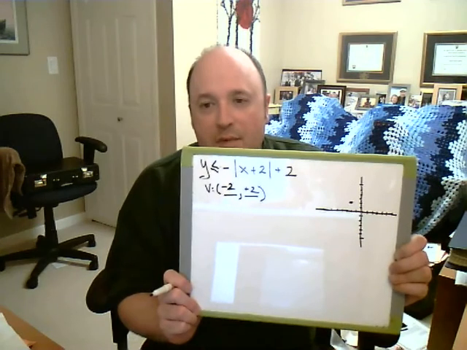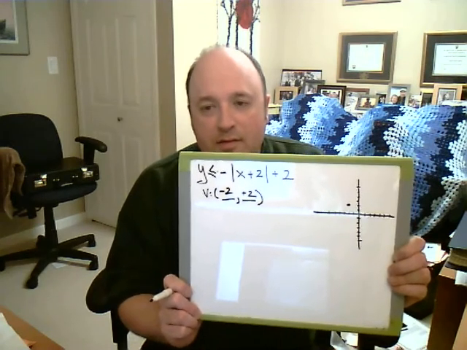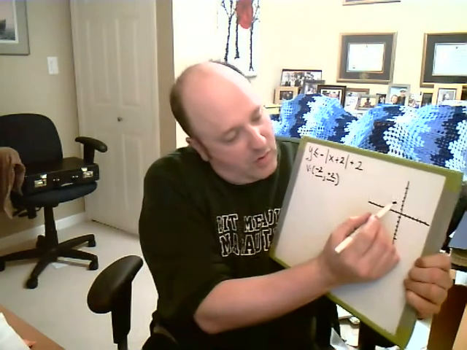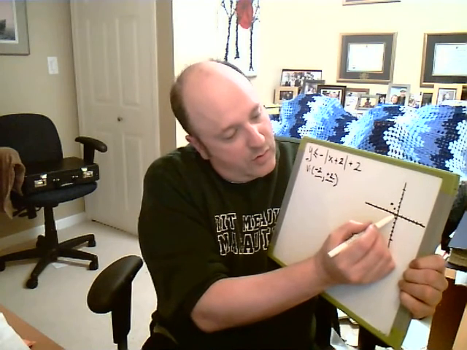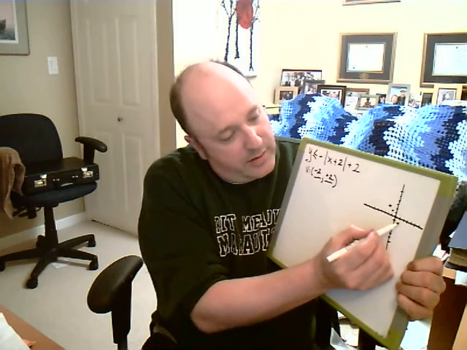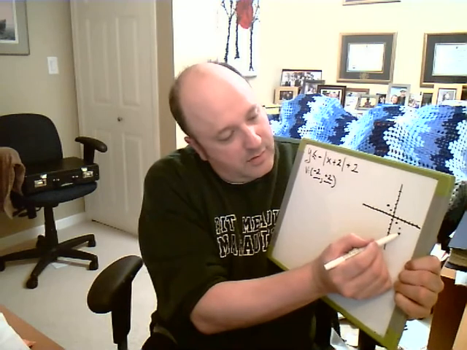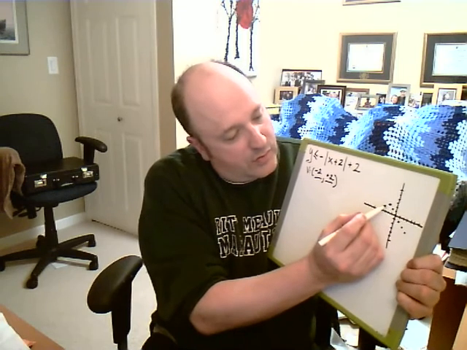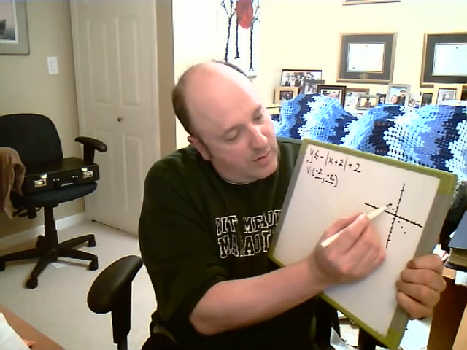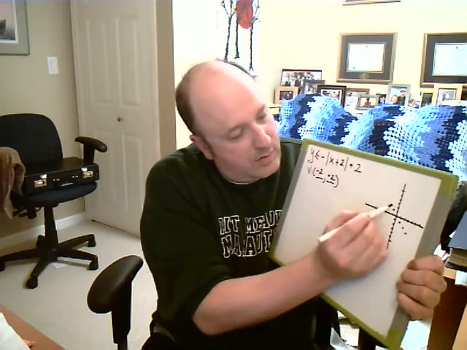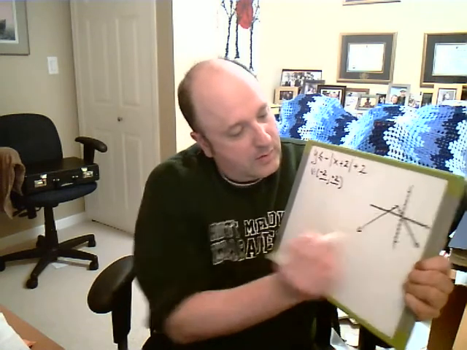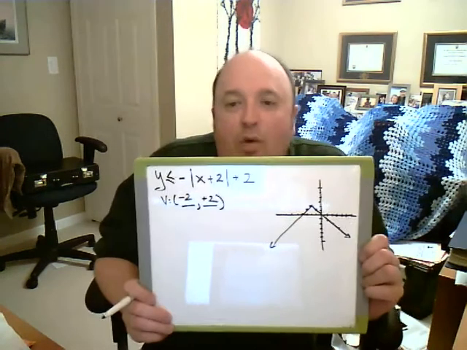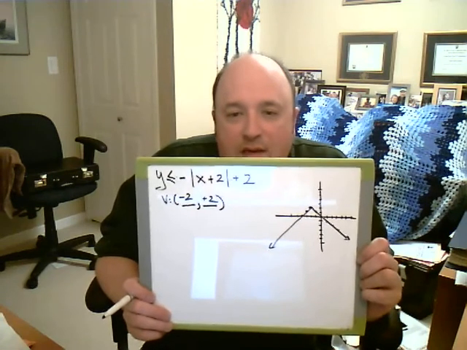And remember the slopes are 1 and negative 1. So I go over 1, down 1, over 1, down 1. It goes through the origin, actually. I did that on purpose. It goes like that, and this one goes over 1, down 1, over 1, down 1. So there's my equality. That's what it will look like as an equation.